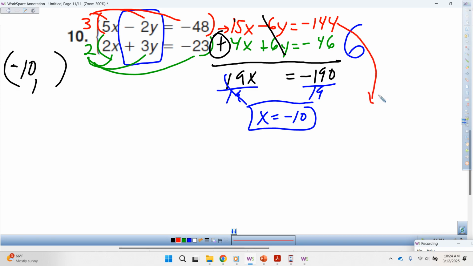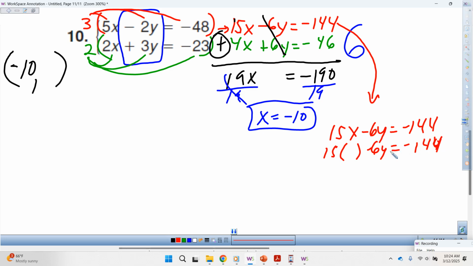Okay, so let me bring this down. 15x minus 6y equals negative 144. 15 times x minus 6y equals negative 144. And instead of x, I'm going to substitute negative 10.